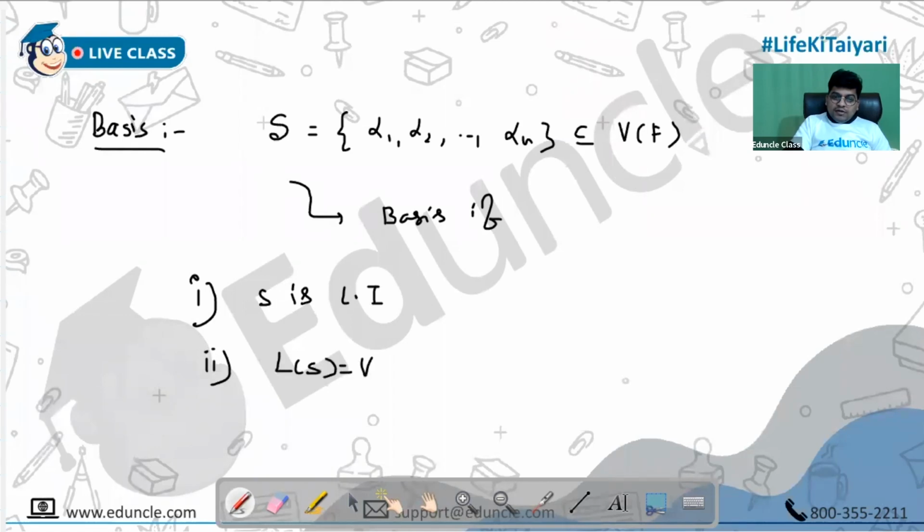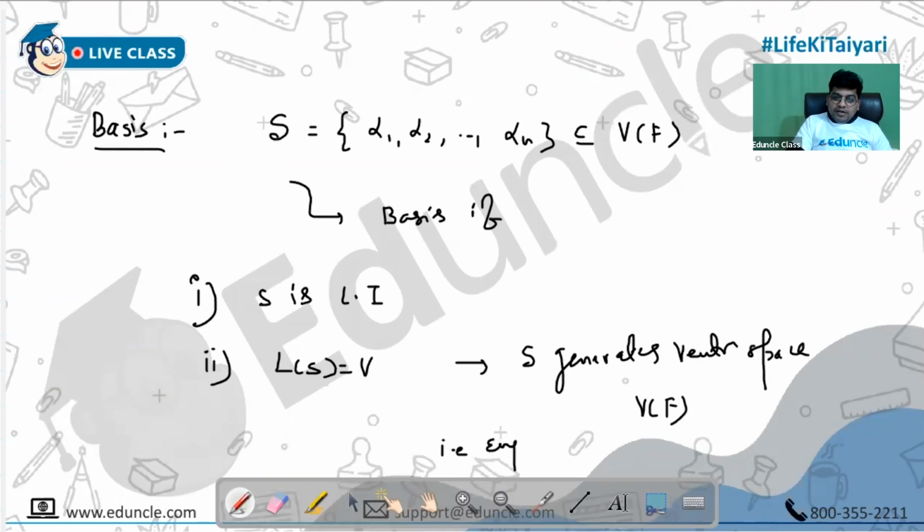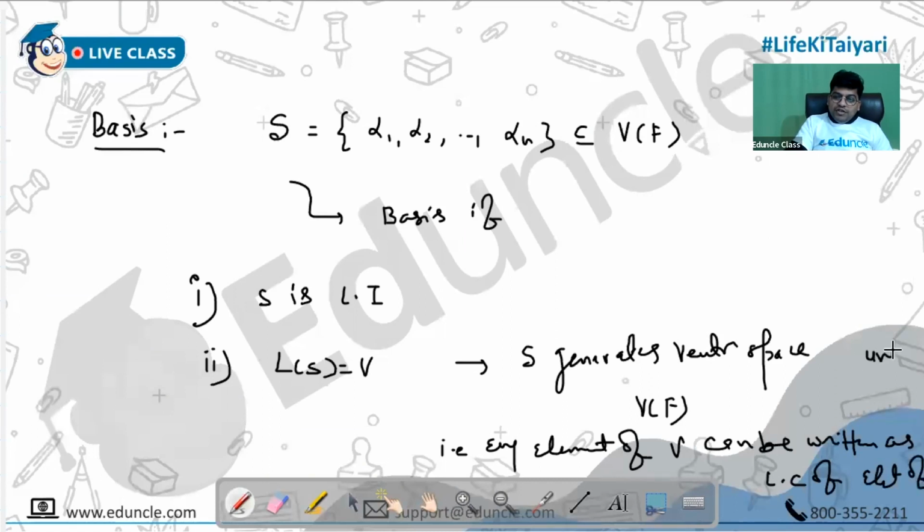It means S generates the vector space V. It means every element of V can be written as a linear combination of elements of S, and here I am putting a line, that is, uniquely.